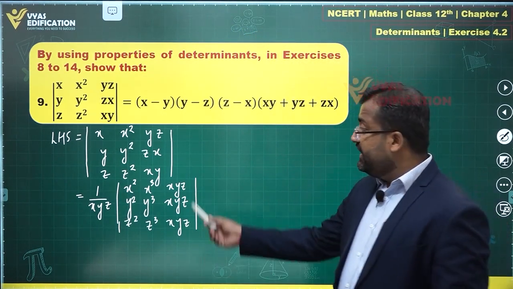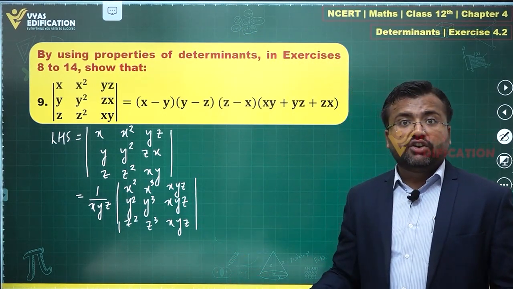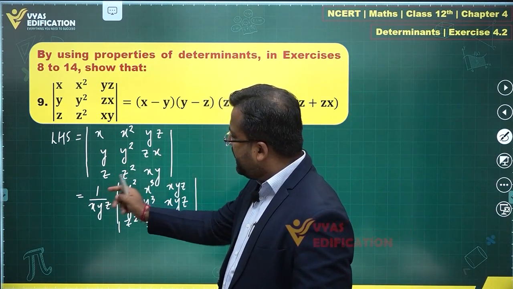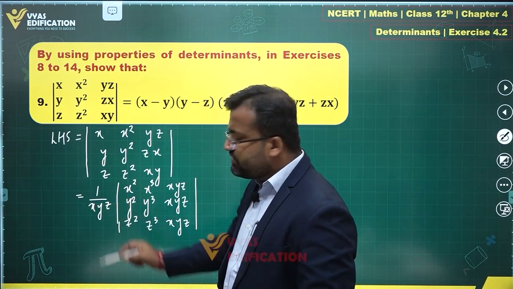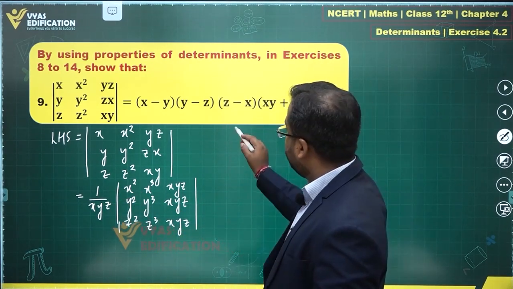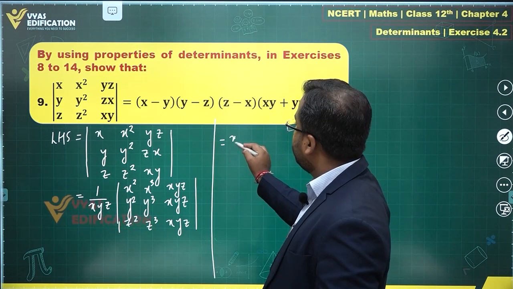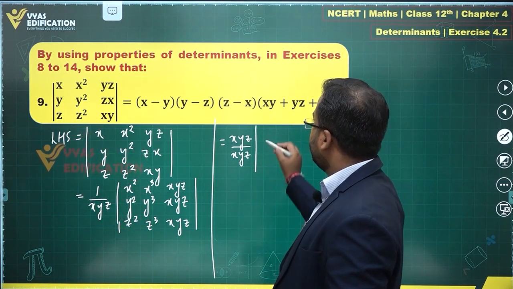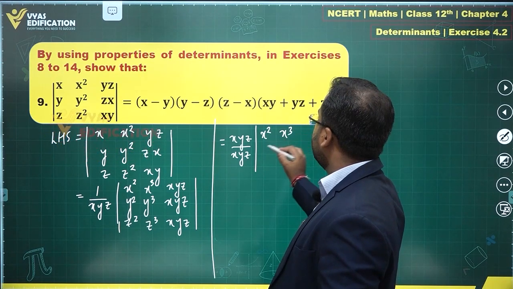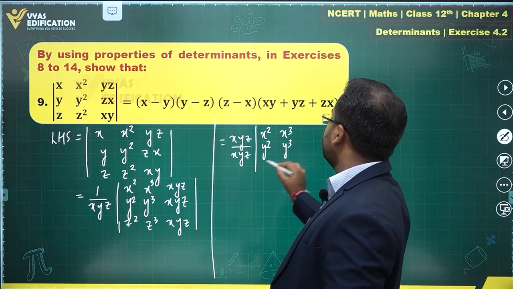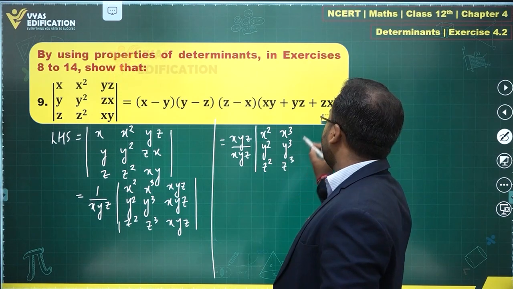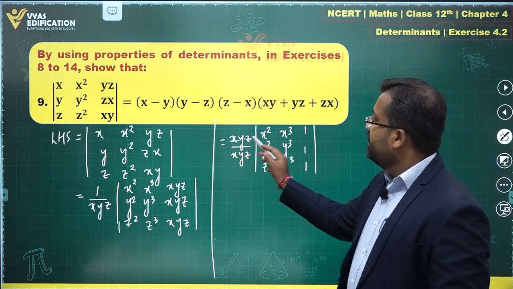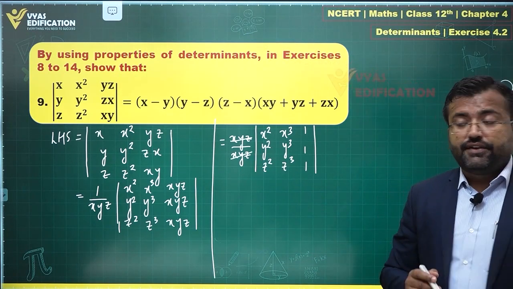Observe that in the third column you have xyz. You can take out xyz common from here, and this will get cancelled with the xyz in the denominator. So this will be equal to xyz over xyz times the determinant x square, x power 3, 1; y square, y power 3, 1; z square, z power 3, 1.